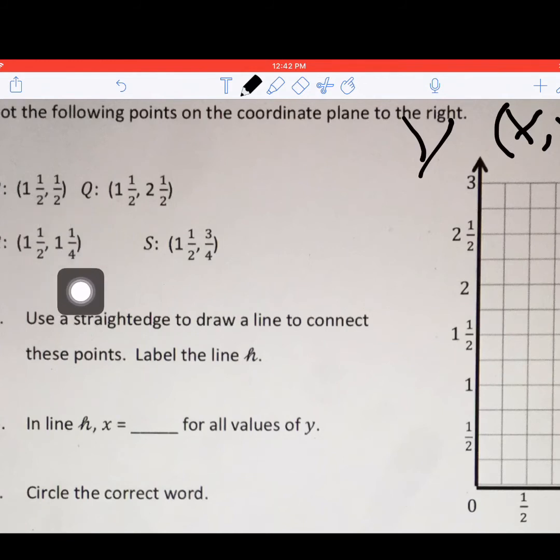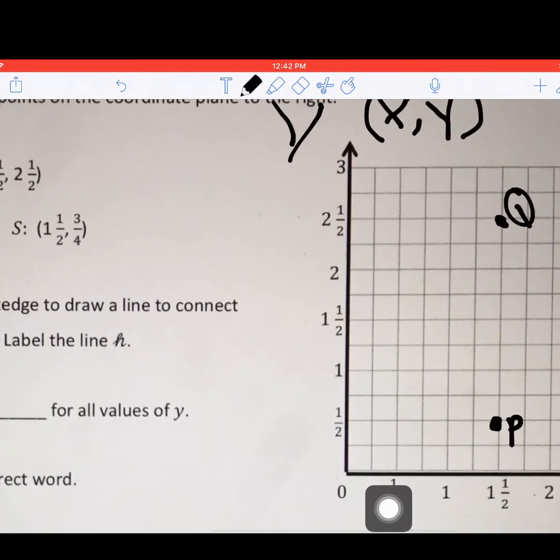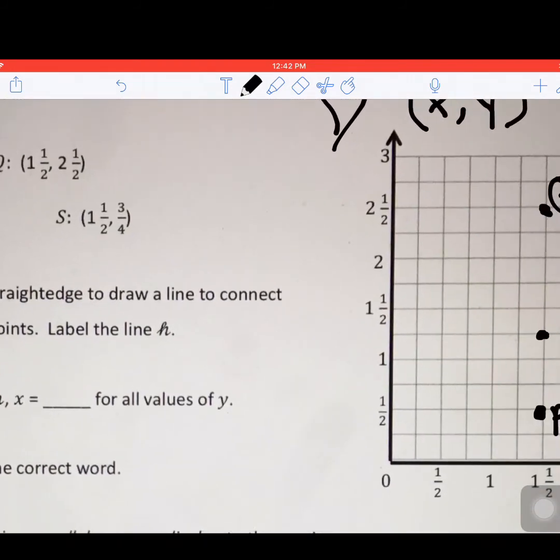I know that 1 1/4 is going to be on the y-axis because it's in the y position. It's going to be right in between, a little bit less than 1 1/2 and a little bit more than 1. It still has 1 1/2 as that x. So we'll find where those meet and label that R.